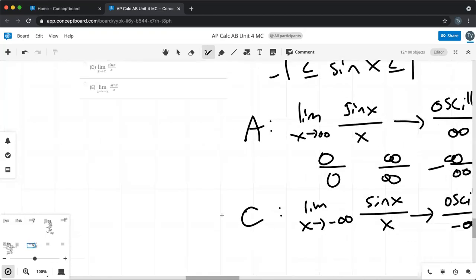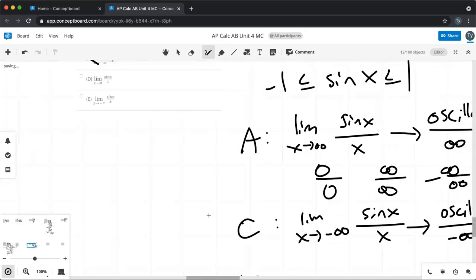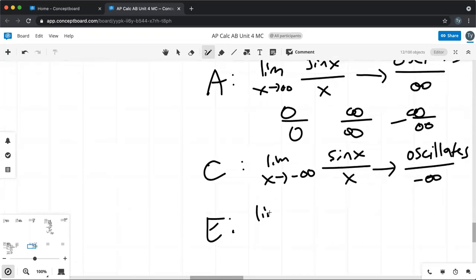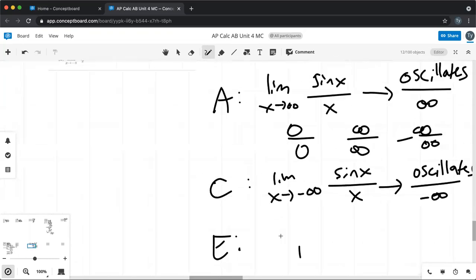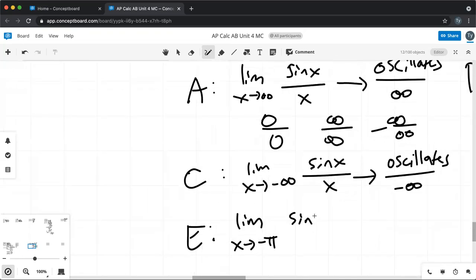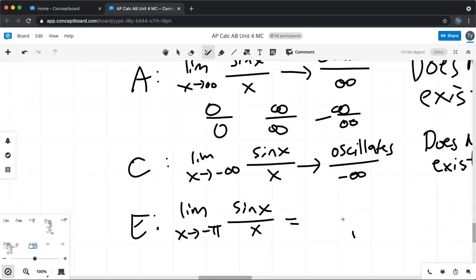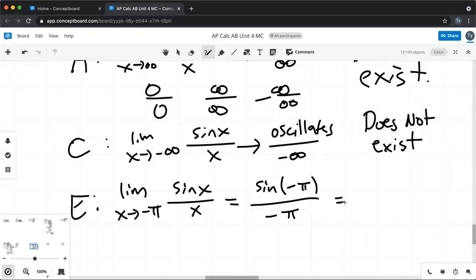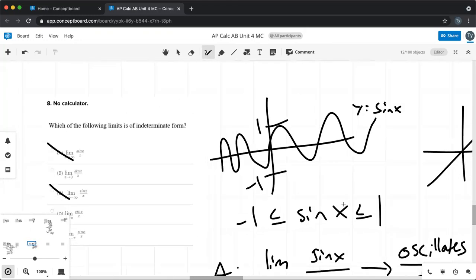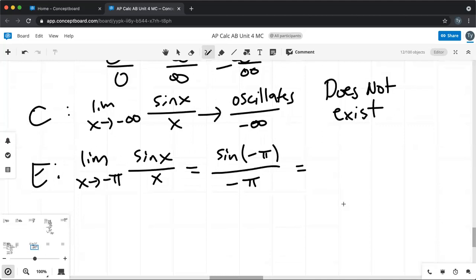Let's do E. Let's switch it up. So E, limit as x approaches negative pi of sine of x over x. Let's input this using direct evaluation. We have sine of negative pi divided by negative pi. Sine of negative pi, using the unit circle or reference table. No calculator, so using your knowledge of trigonometry and the unit circle, sine of pi is 0, and negative pi is negative pi.